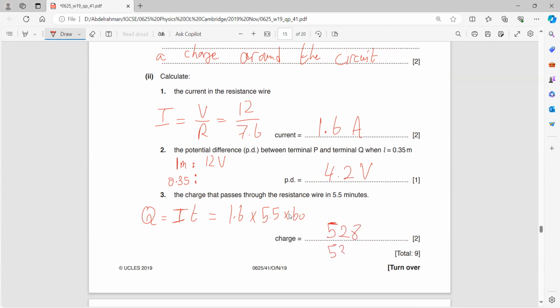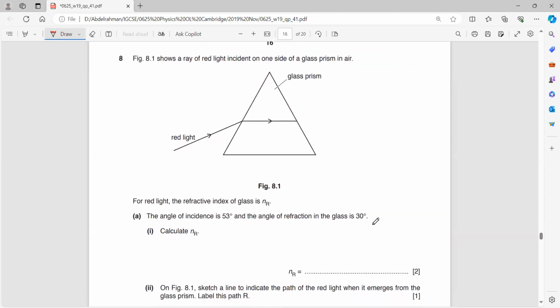If you write it down 530 it is right. What's the unit of the charge؟ Coulomb. كولوم بالظبط، C، تمام؟ Very simple equation يا شباب.